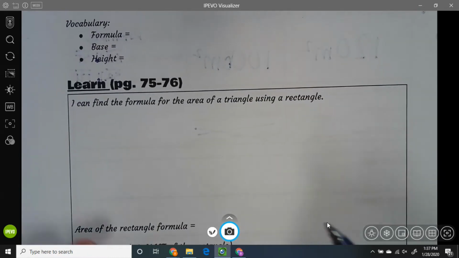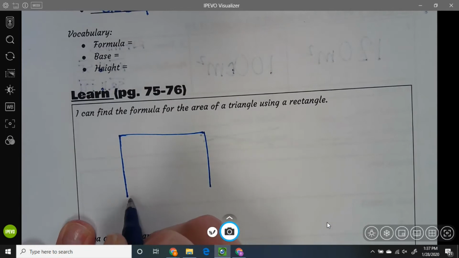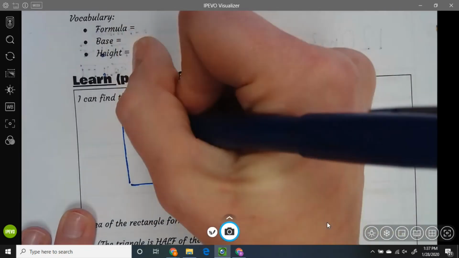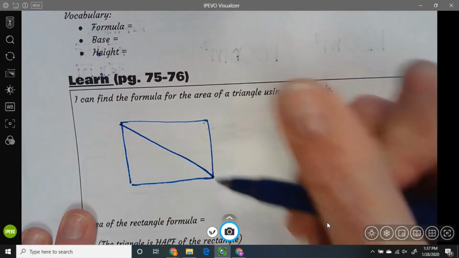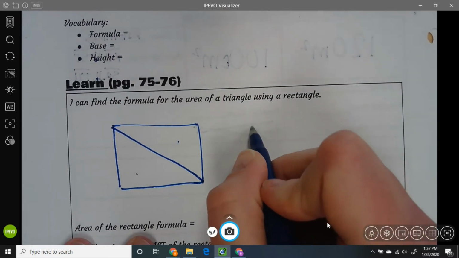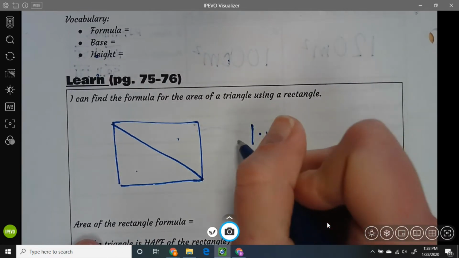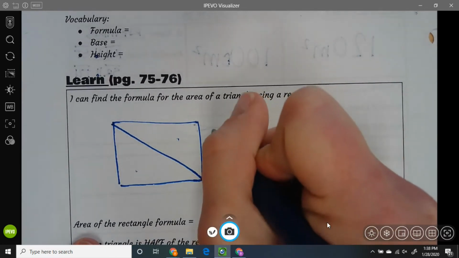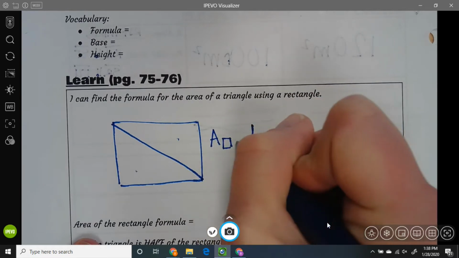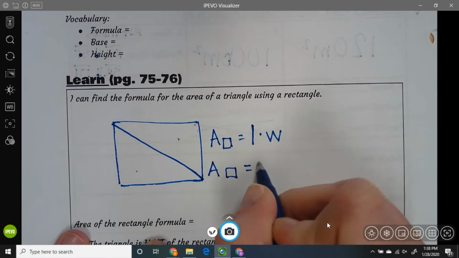So if we have a rectangle that we draw, you can split any rectangle into 2 equal triangles. Okay, so if I know the area of a rectangle is length times width, another way to write it would be base and height.